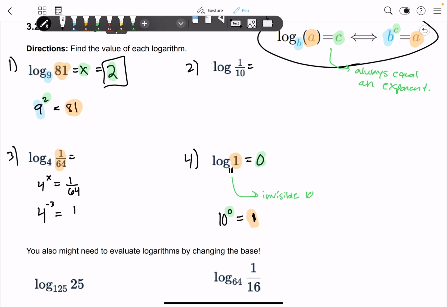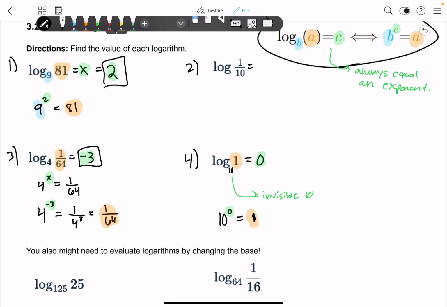Recall that when you get a negative exponent, you move that number into the denominator so that you get a positive exponent. 4 raised to the third power is 64. So since we were taking the log of 1 over 64, we were trying to get our exponent equal to 1 over 64. So that means our answer is -3 for that one.